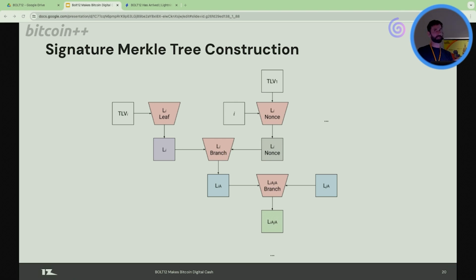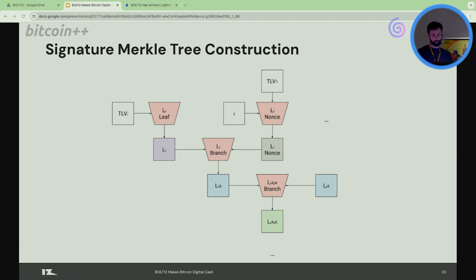So this is providing payer-specific entropy to the signed message. And we're including as part of that nonce just the record type, which is I there. The leaf is similarly constructed, but we use the entire TLV record and hash that, and we get L1 and L1 nonce there.